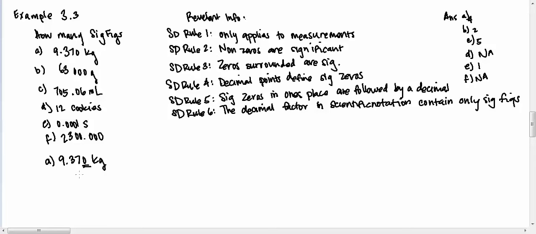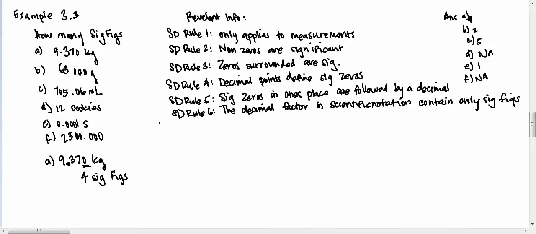So how many sig figs? There are 4 sig figs. I told you I would teach you about scientific notation, but this one doesn't require scientific notation because it has a decimal place right after the number itself. So I'm going to skip this one in terms of scientific notation.